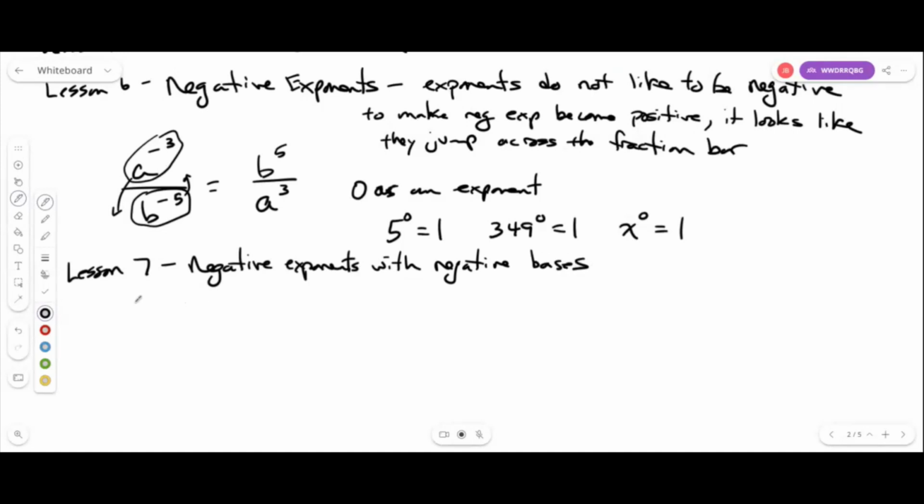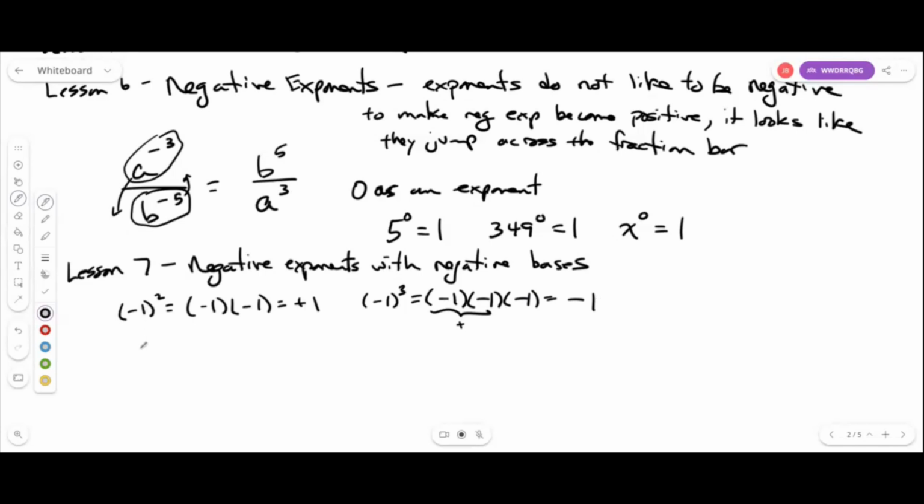Okay, and we talked about the fact that if we have negative 1 squared, that means negative 1 times negative 1, we're going to get a positive 1. If I have negative 1 cubed, it means I have negative 1 times negative 1 times negative 1. Two of them become positive, but the odd one out ends up making my answer negative.